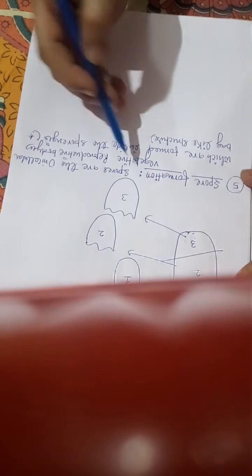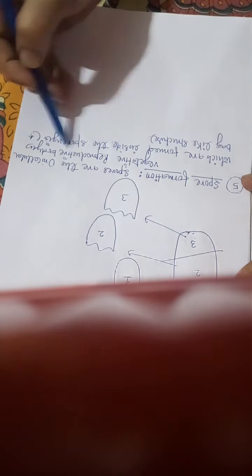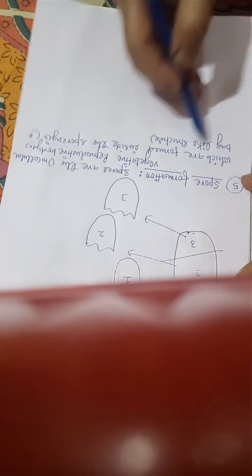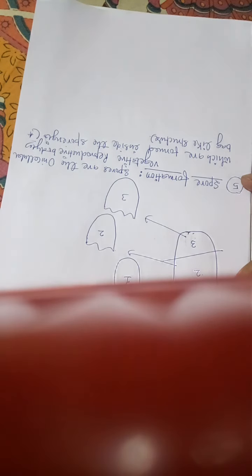So again, spores are unicellular vegetative reproductive bodies which are formed inside the sporangia, a bag-like structure.